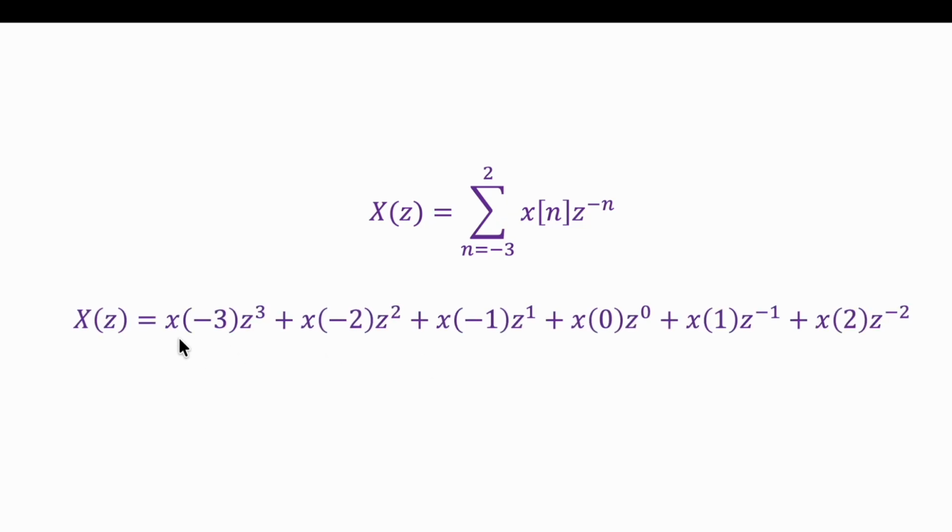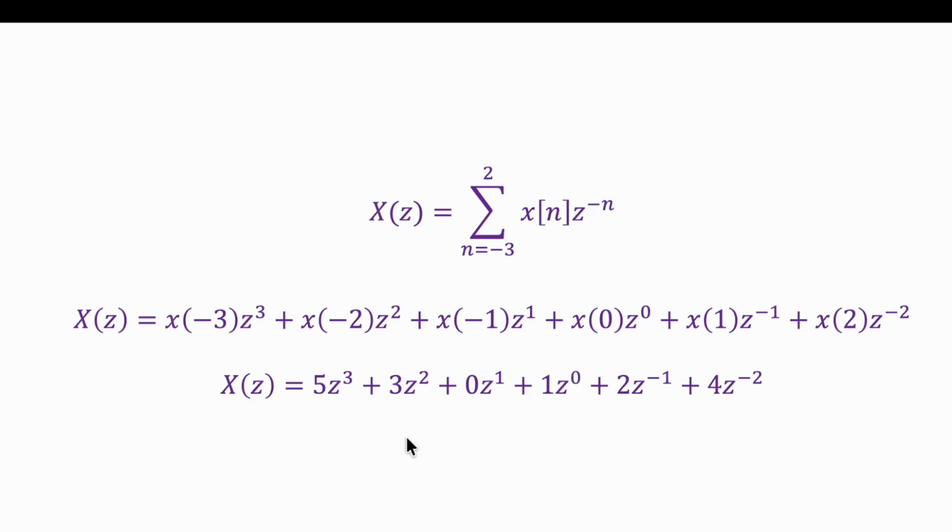So x of minus 3 z to the power 3, because minus minus is positive, plus x of minus 2 z to the power 2, x of minus 1 z to the power 1, plus x of 0 z to the power 0, plus x of 1 z minus 1 and x of 2 z minus 2. So you are basically just inserting the values of the samples at these particular locations and ending up with the solution. X of z is equal to 5z^3 plus 3z^2 plus 1 plus 2z minus 1 plus 4z minus 2.